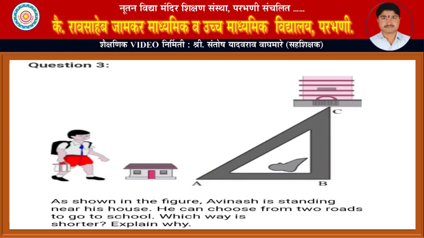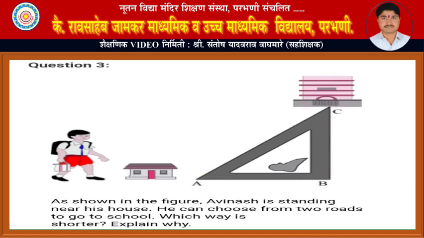By the property of triangle, we know that the sum of two sides is always greater than the third side. So AB plus BC, which is the one route, is greater than the third route, which is AC, according to the property of triangle. That means the route AC is the shorter route.